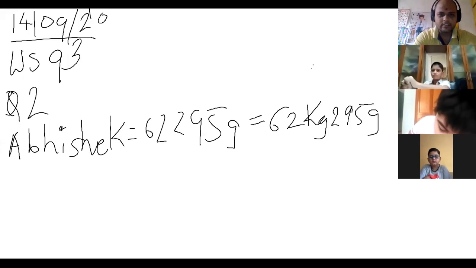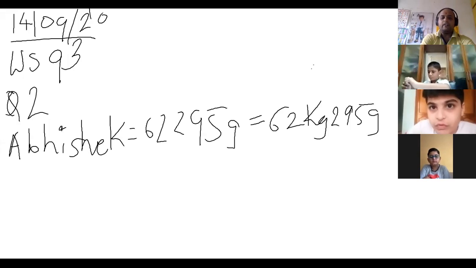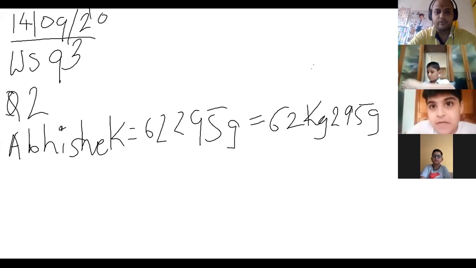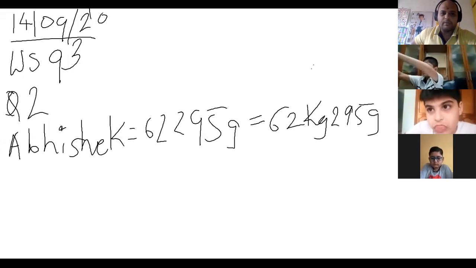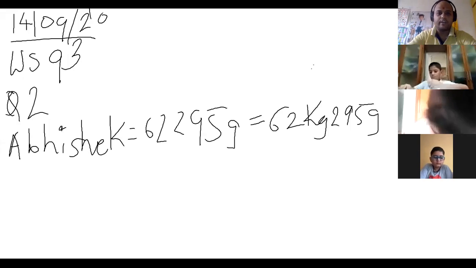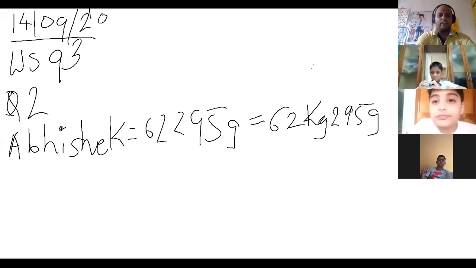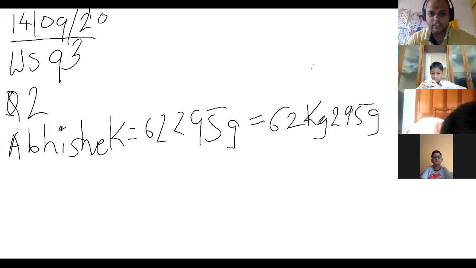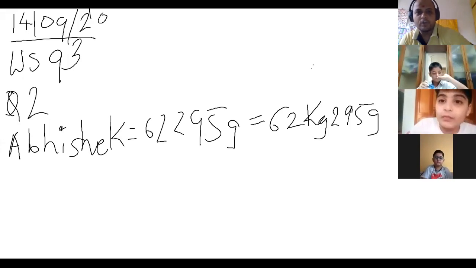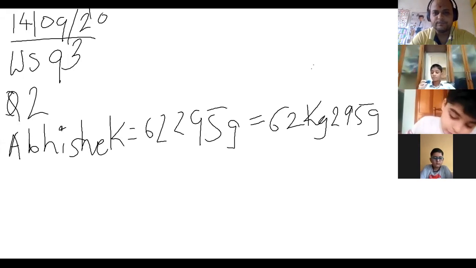Next, Ajay weighed 5 kg 34 grams more than Pankaj, but 4 kg 709 gram less than Manoj. The total weight of Pankaj and Abhishek was 130 kg.